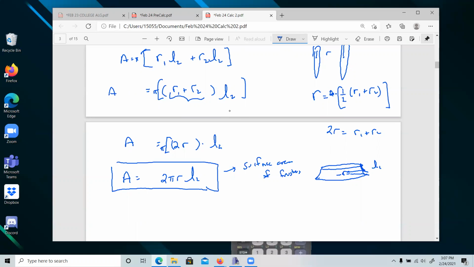Now I'm trying to draw the L2s not as straight lines, because really, instead of L2 we're going to say that's actually the arc length, the one we learned yesterday. That's ds, of the side here.